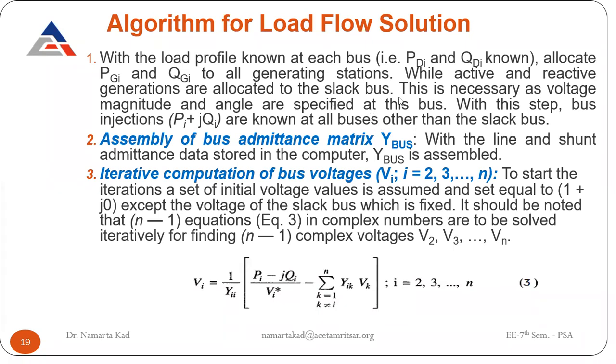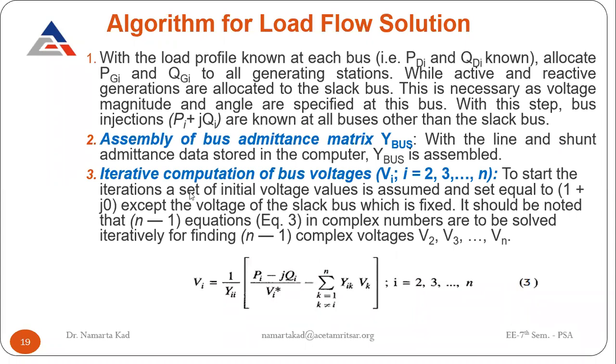What does this mean? For the first point, we must fix the values for the demand powers and generated powers for the other buses. That is our starting point, and with each step we are going to calculate new values for that. Now, the second step, assembly of the bus admittance matrix, Y bus, that we have learned in our first chapter.